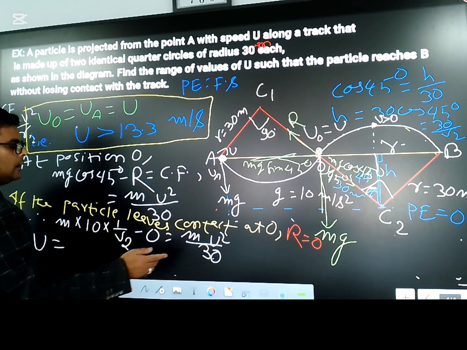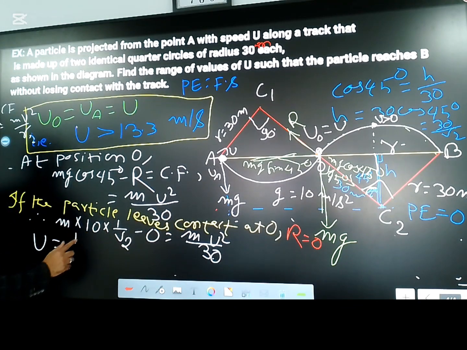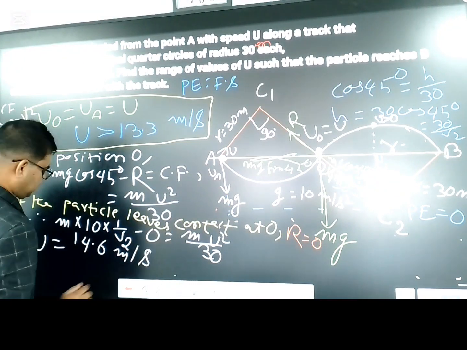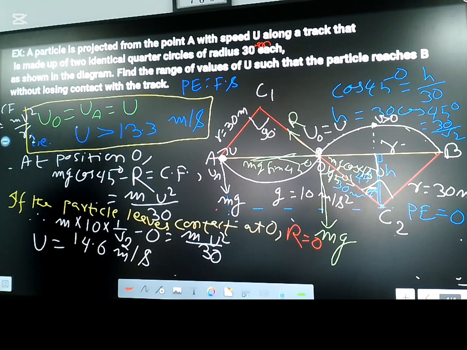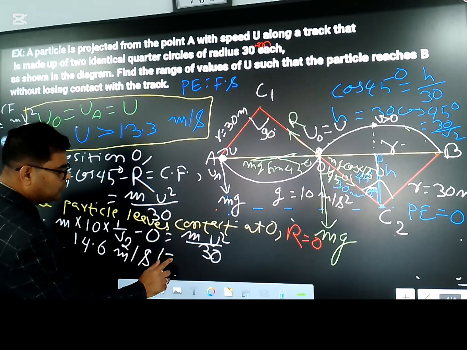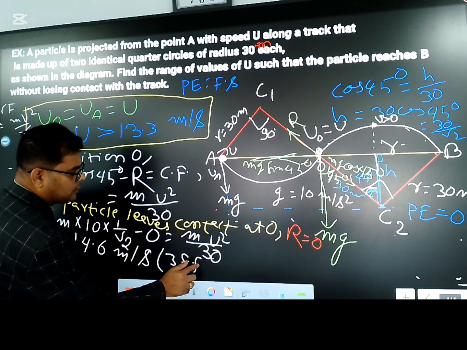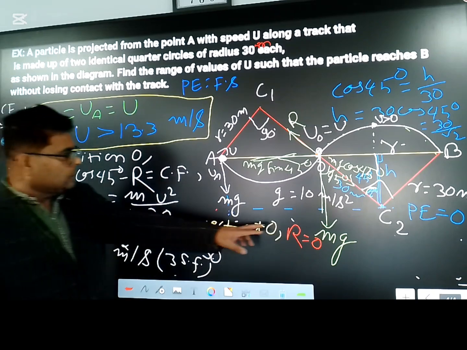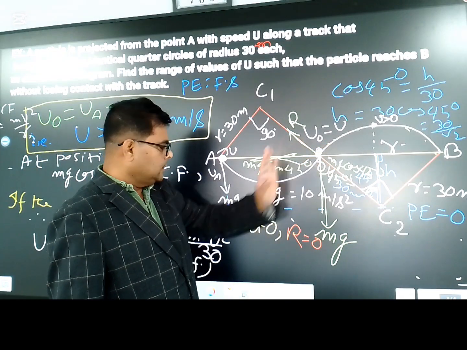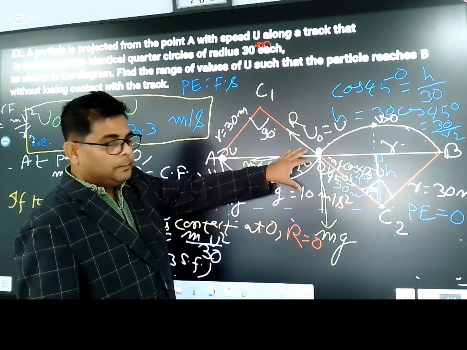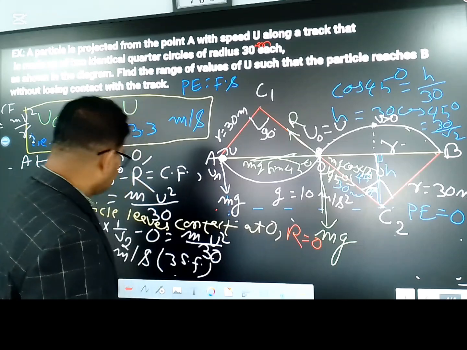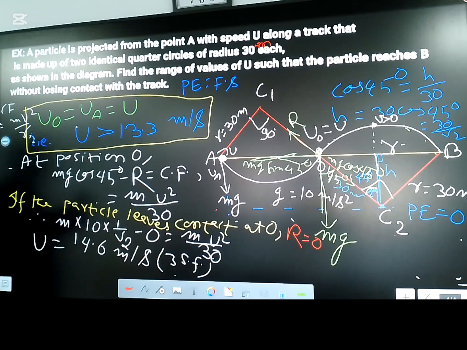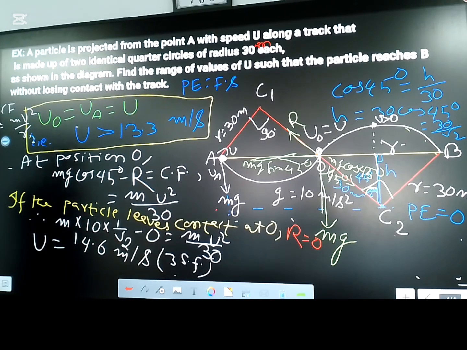If you solve this for u, you will get 14.6 meters per second, using your calculator, expressed to 3 significant figures. At the condition of R equal to 0 at this point, the particle will be about to lose the contact. So on that basis, our value of u is 14.6 meters per second.